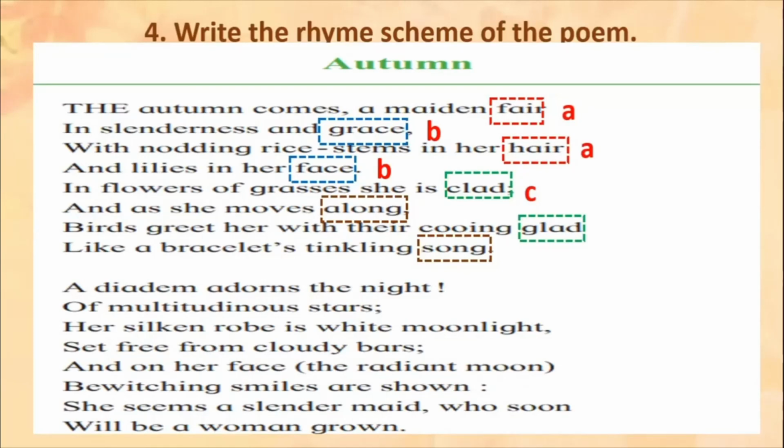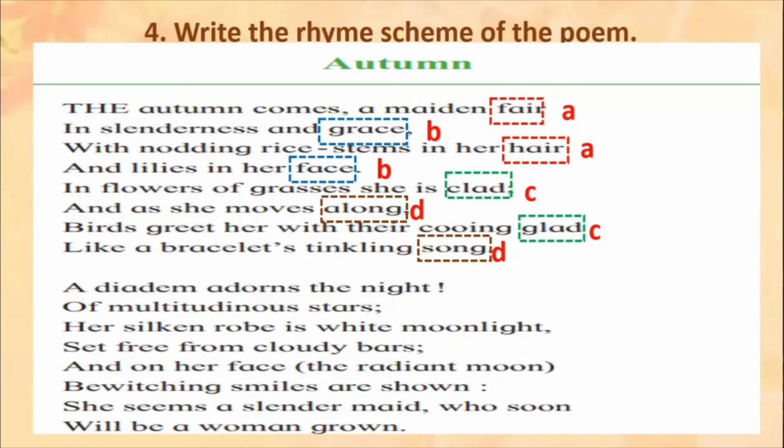Along is one more new sound, so we'll call along D. So you have glad which goes with clad, so glad is C again because clad is C. And then because along is D, song also will be D. So what is the rhyme scheme of the first stanza of the poem Autumn? It is AB, AB, CD, CD.